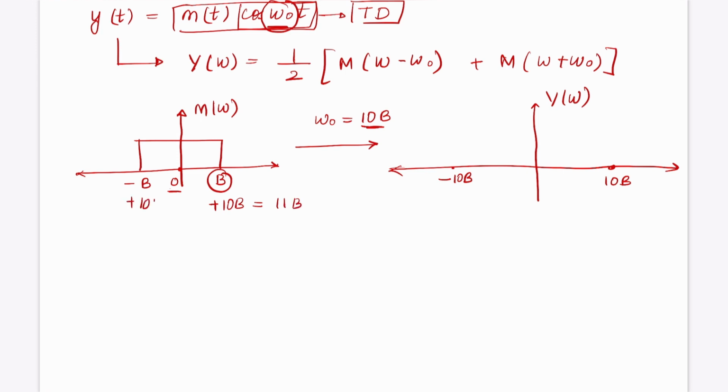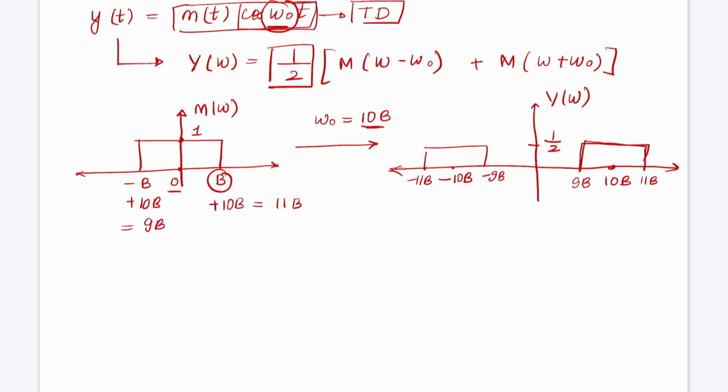This will become plus 10B, total 9B. So here the signal will be like this from 9B to 11B, and similarly in the negative domain from minus 9B to minus 11B. What about the amplitude? Its amplitude was 1, it will become half. So it will become 1 by 2.